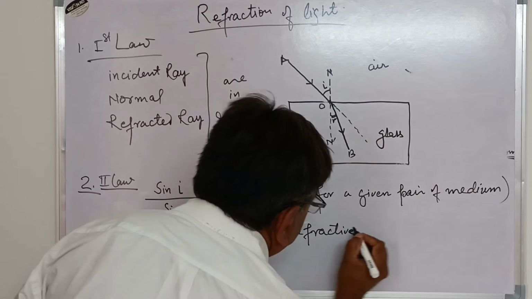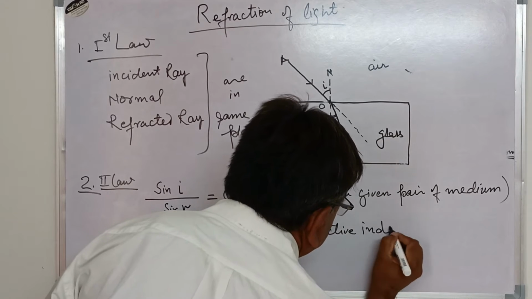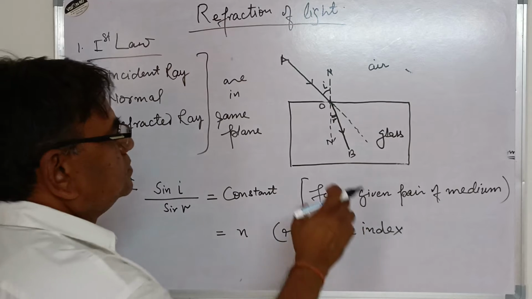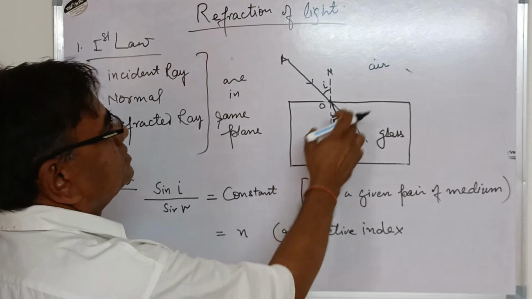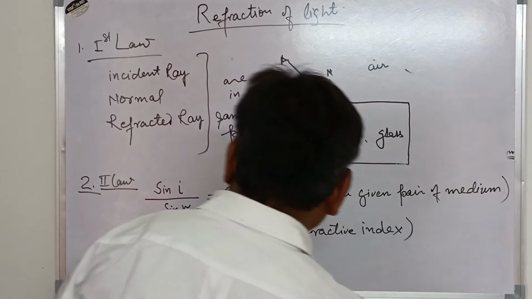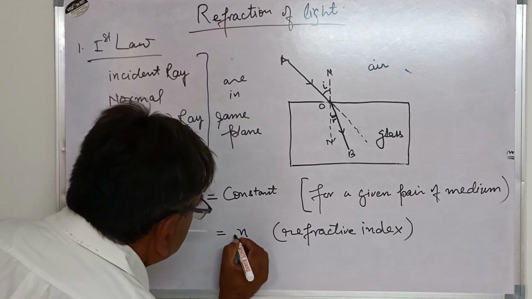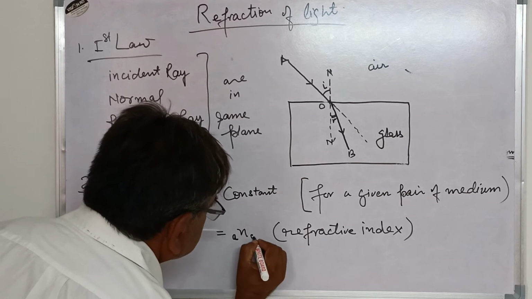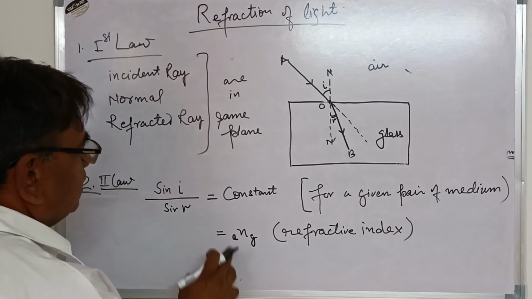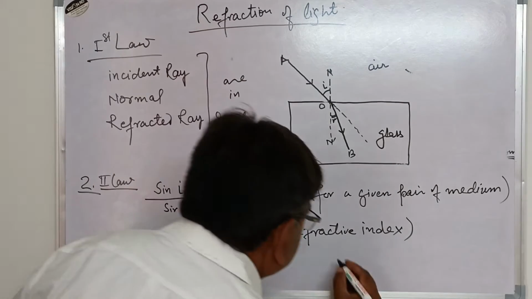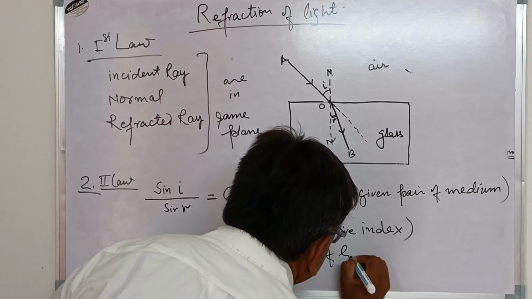Refractive index. Whose is the refractive index? Of the second medium with respect to the first medium. Then this will be, for air to glass, the refractive index of glass.